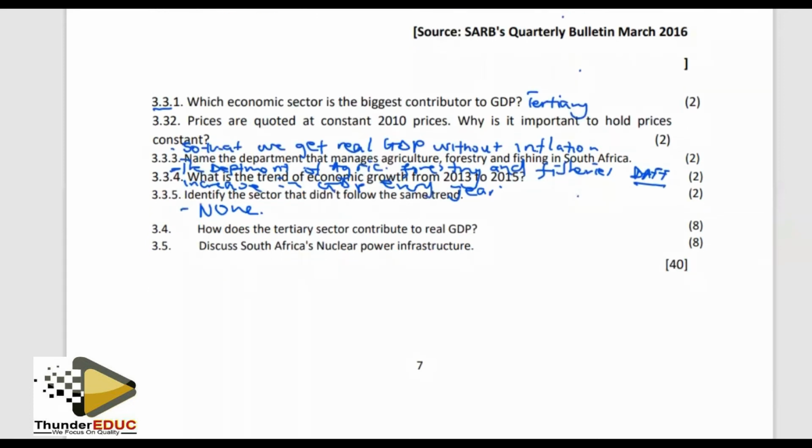How does tertiary sector contribute to GDP? You can look.